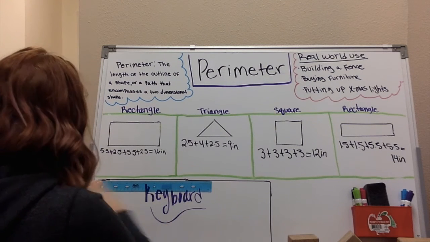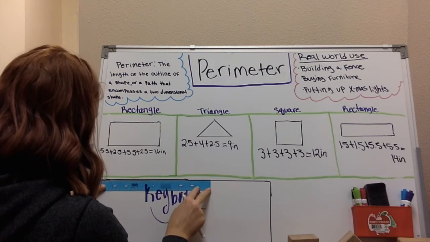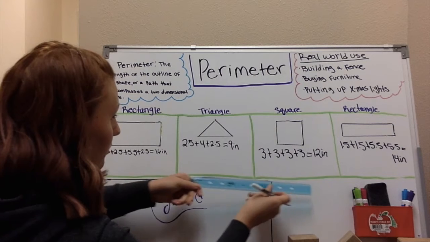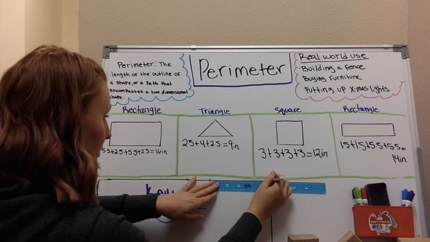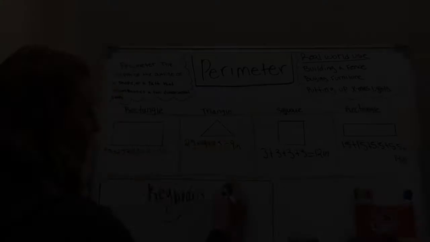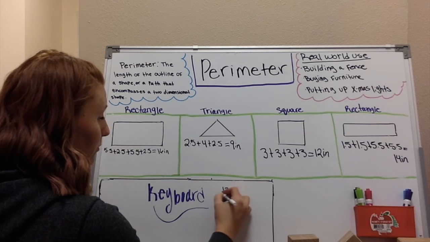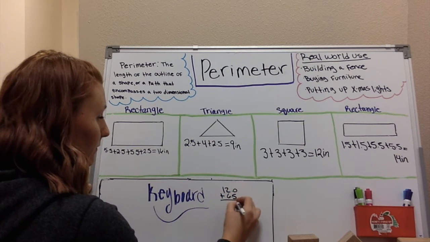I'm going to put a notch right here at 12. I'm going to put a notch right here at 6.5. So we're going to do 12 plus 6.5.